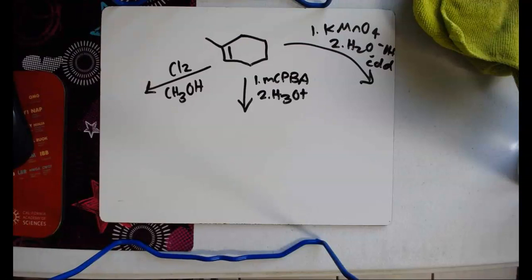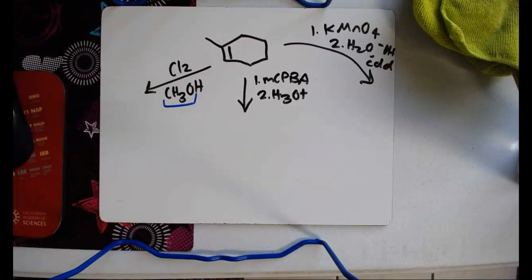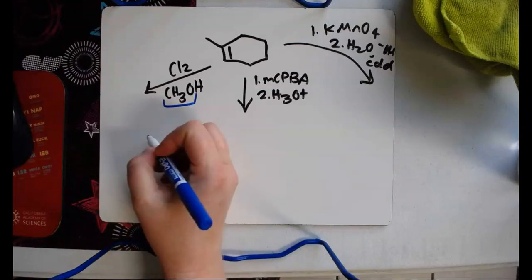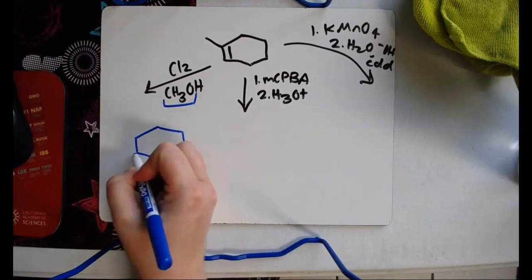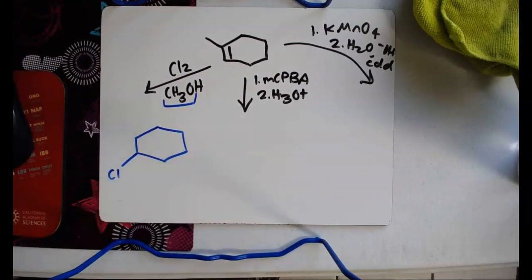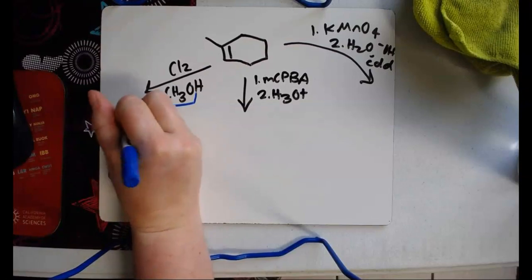So in our first reaction, we are going to add our chlorine, and we're going to add the CH3O to our vinylic carbons. The chlorine is going to add to the less substituted side. So I know my chlorine is going to add there, and my OCH3 is going to add to the more substituted side.